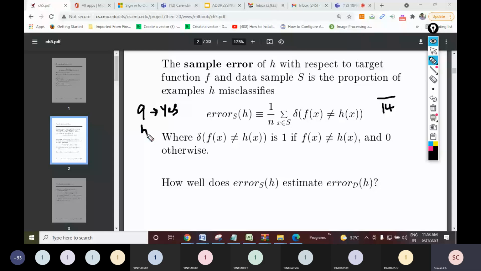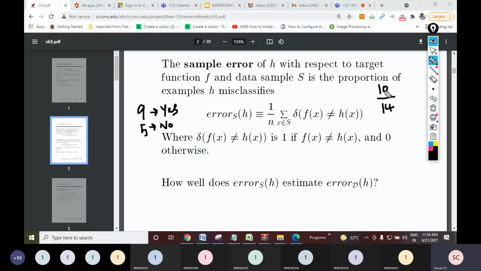Out of these 14 examples, let us say my model is giving correct outputs only in 10 cases. Out of 14, only 10 times it is working fine.